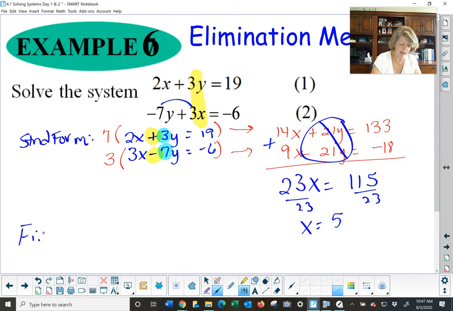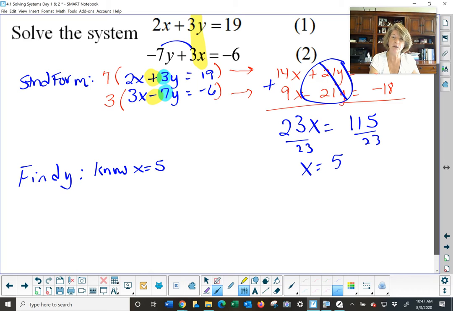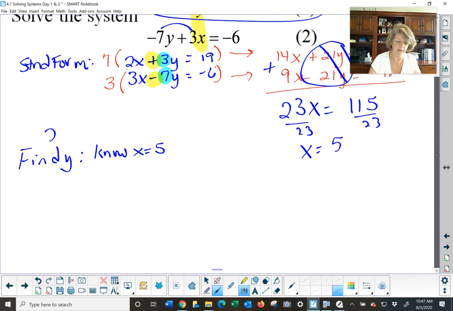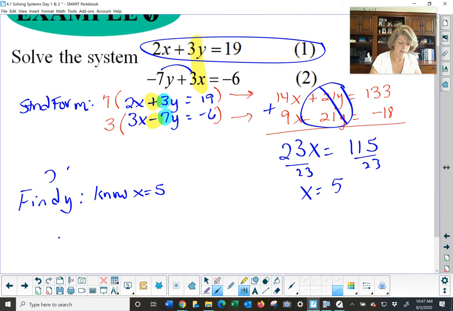Now let's go find y, since we have x. And we know that x is 5. Equation 1 or equation 2, which one do you want to take it in to solve? I'm kind of loving equation 1. Once again, all positives, so I'm going to stick with my positives. So we're going to go 2 times our 5 plus 3y equals 19.